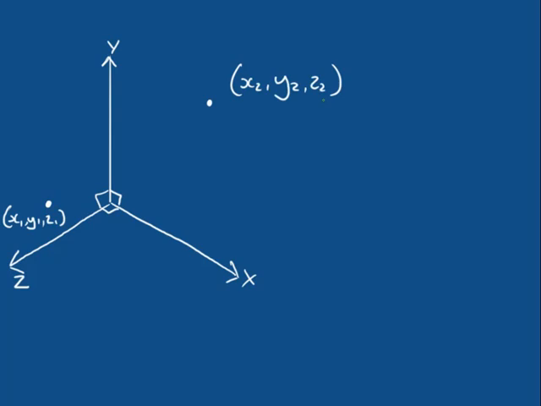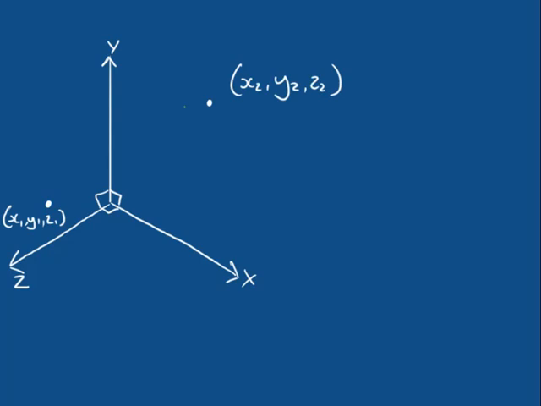Now, in 2D space, we constructed a right-angled triangle between these 2 points, such that the hypotenuse was the edge that ran between the points in order to calculate the length of the hypotenuse. Well, we can do the exact same thing in 3D.